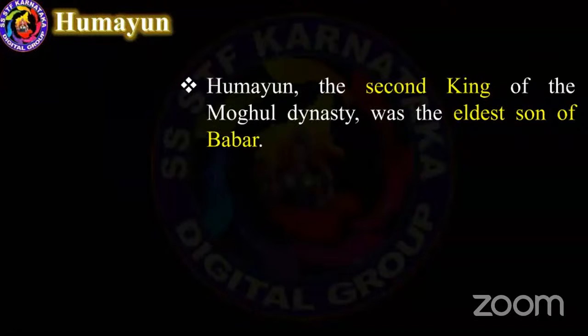The second important ruler of the Mughal dynasty is Humayun. Who is this Humayun? This Humayun is the son of Babur. His childhood days were not good days.